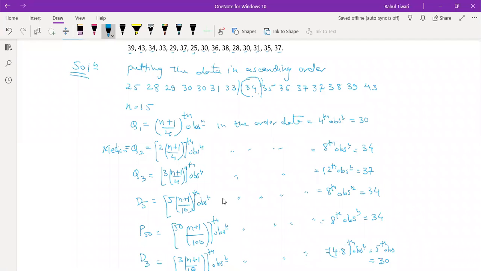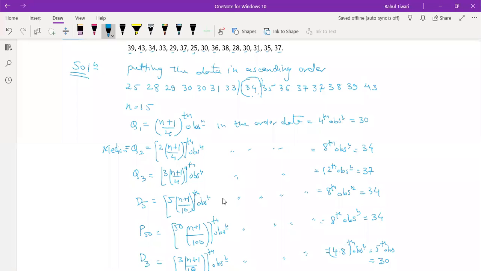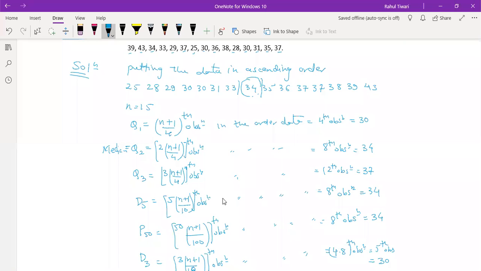Then I'm interested in getting Q1 also. How to get Q1? Again, this is your data, so 3 from here, 3 from here. What is the middle value? 30.